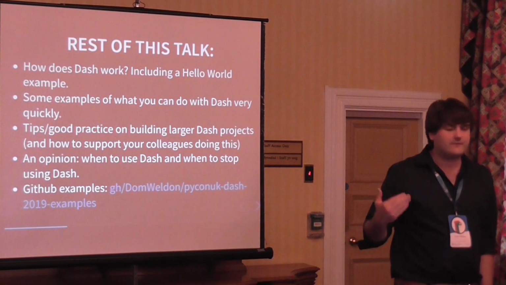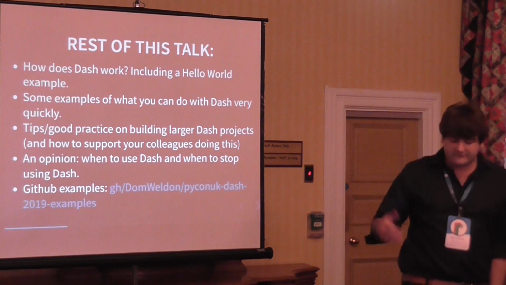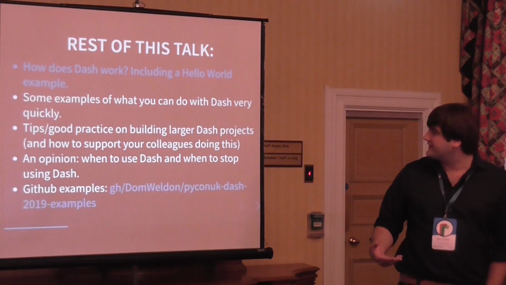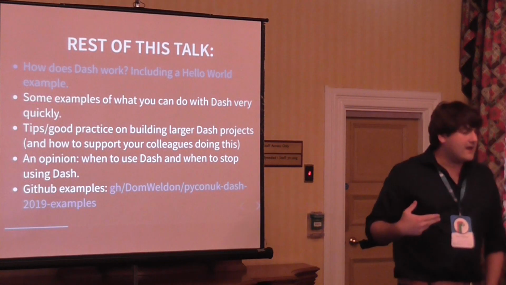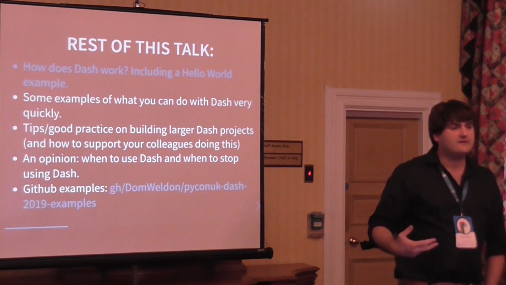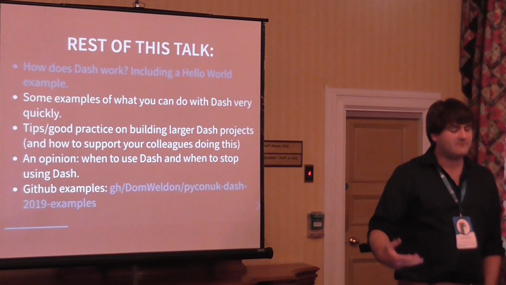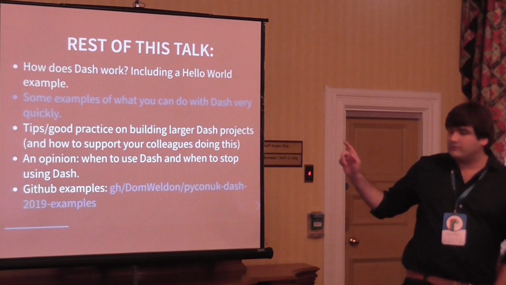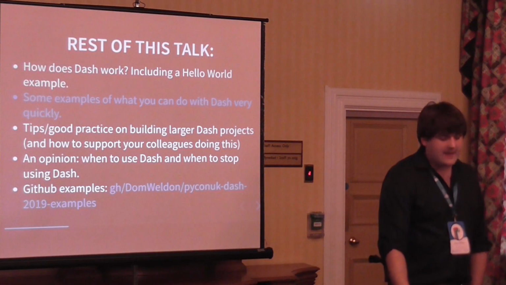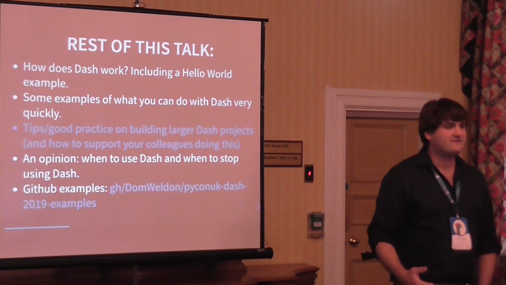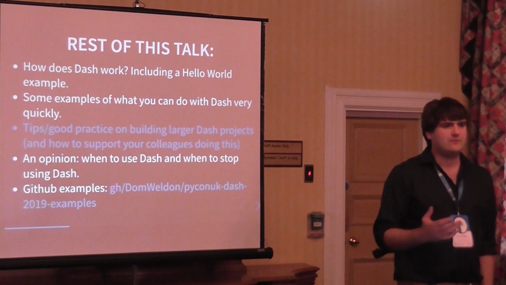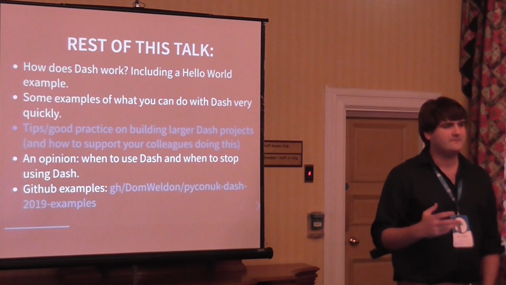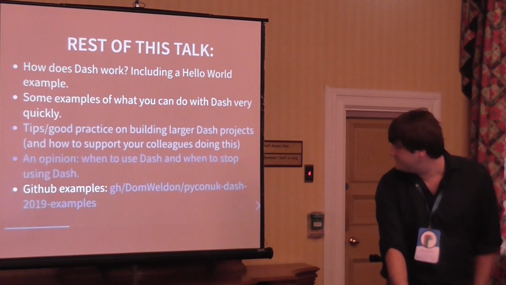For the remainder of the talk, we'll introduce a bit more about how Dash works and give a hello world example. We'll give some examples of how you can start to visualize data and get apps running really quickly with minimal code and overhead. We'll discuss some good practices, and some of the areas we're taking Dash into. And we'll also discuss when you might stop using Dash and start to build a different kind of application.